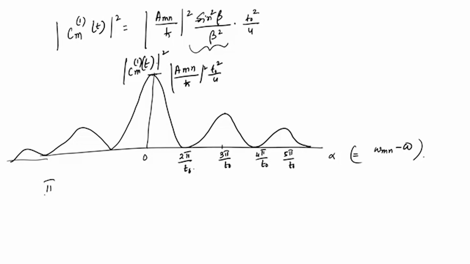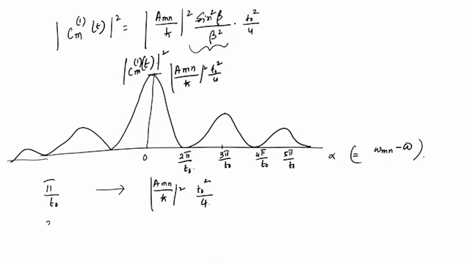So, pi over T 0 corresponds to a value which is A mn by h cross square, and T 0 square over 4, sorry, not pi square, that is 4.